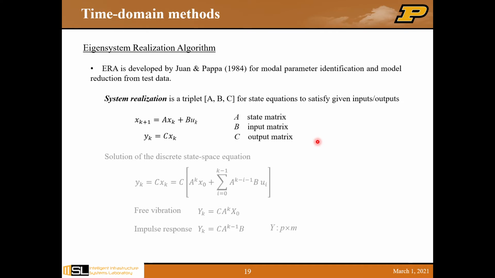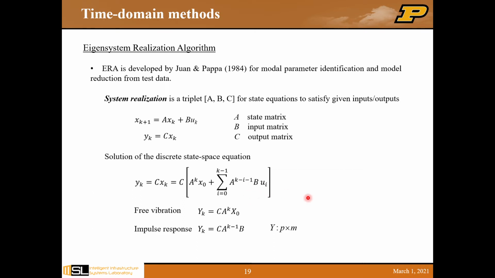First, we can obtain the solution of the discrete state space equation. Yk is equal to C times xk, which is equal to C times two items here. The first item corresponds to the solution subject to initial conditions x0, and the second term corresponds to the response subject to the external input.